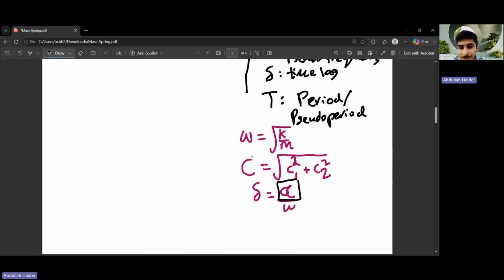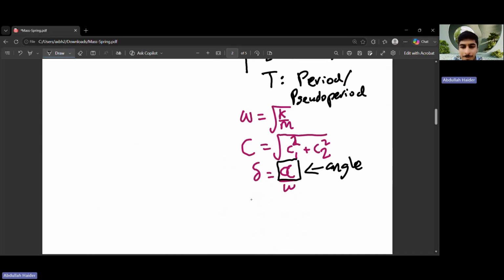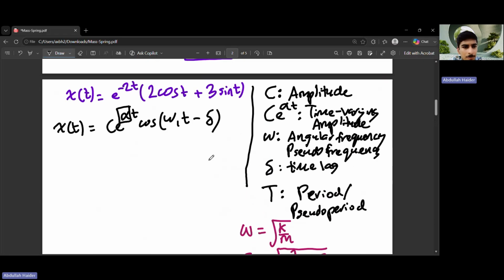This alpha actually means the angle. I'll explain what it actually means. But this alpha is the angle. This is the time lag. This is the frequency or angular frequency. And your period T can also be calculated by 2 pi over omega. And I think this is all you need to know.